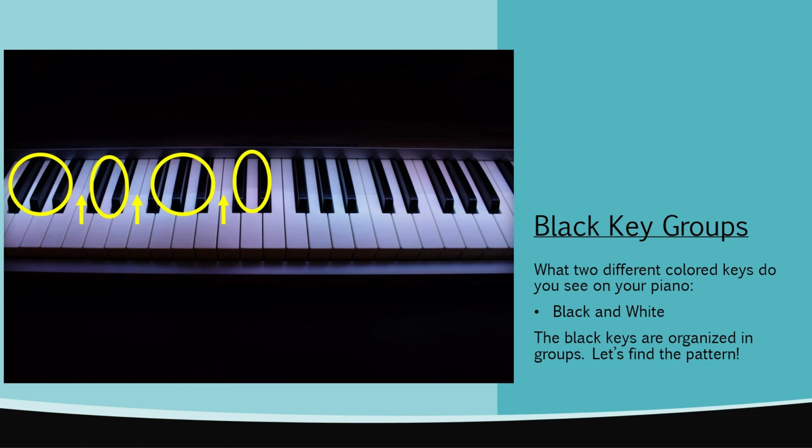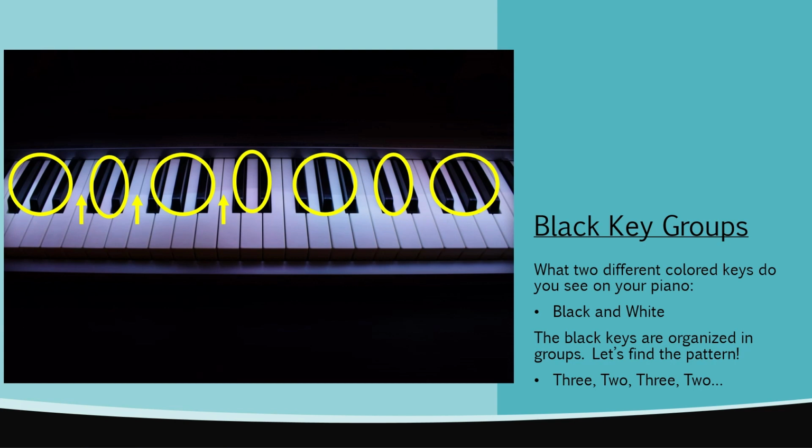We have a group of 3 black keys, 2 black keys, 3 black keys, 2 black keys, 3, 2, and 3. So there's our pattern. 3, 2, 3, 2. And it just keeps repeating all the way up the keyboard.